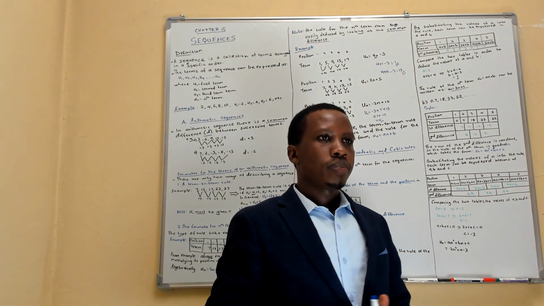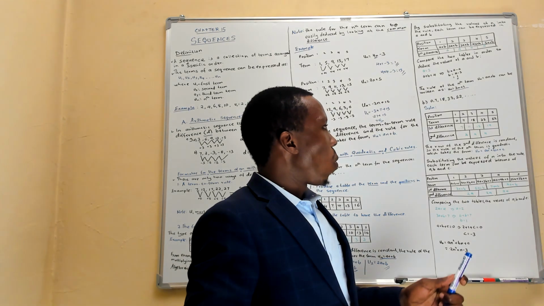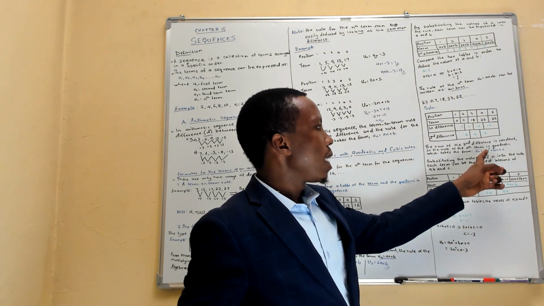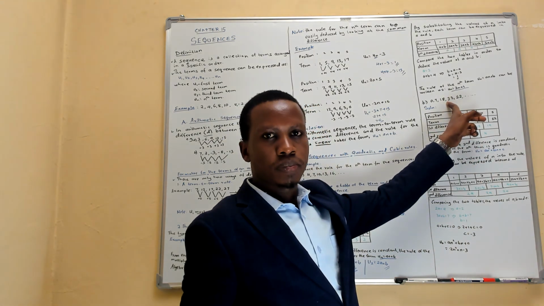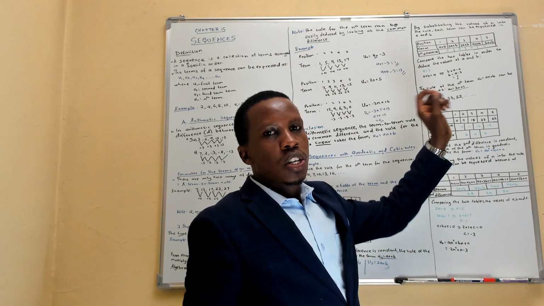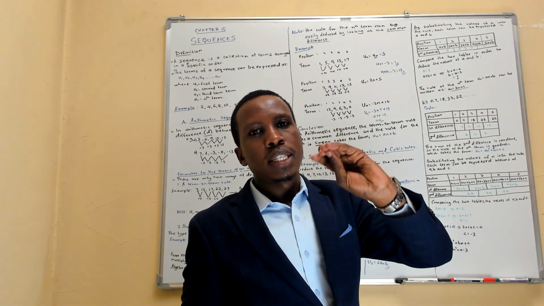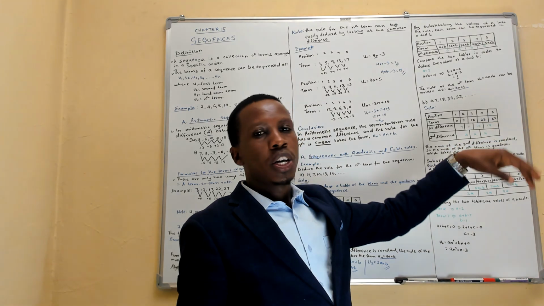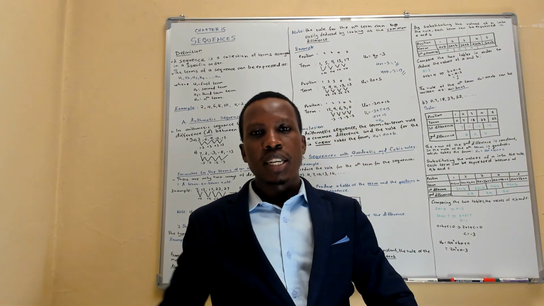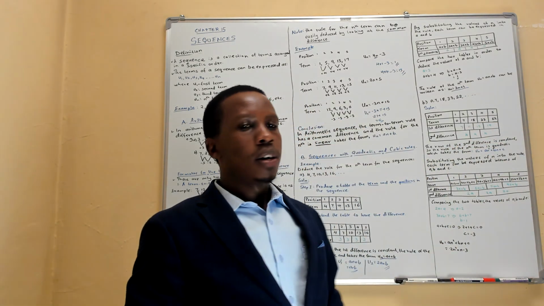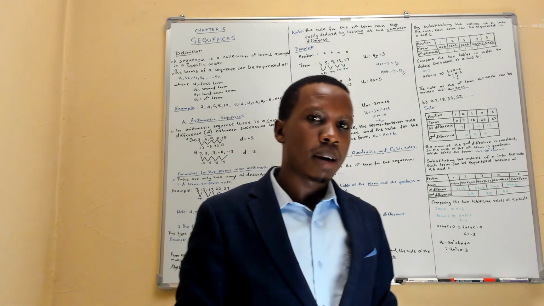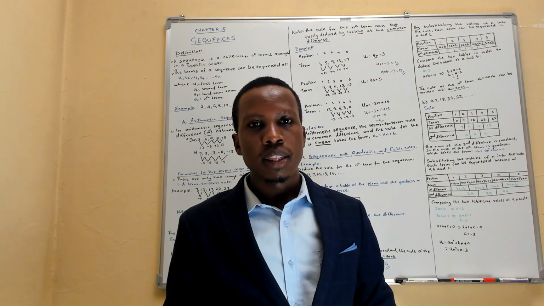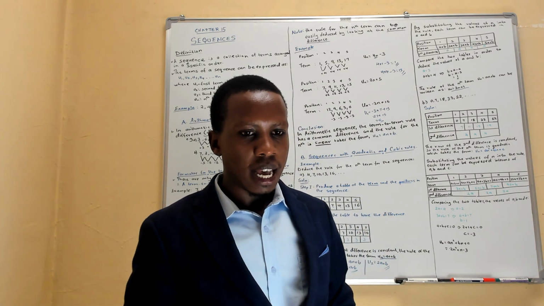Now, the whole idea here is to come up with the nth term of this sequence, so that whenever I'm asked to get any other position of a value, I can use the nth term rule to find any number, maybe the 100th term, the second term, the 10th term, any other position that I'm asked, I will then be able to calculate and find.